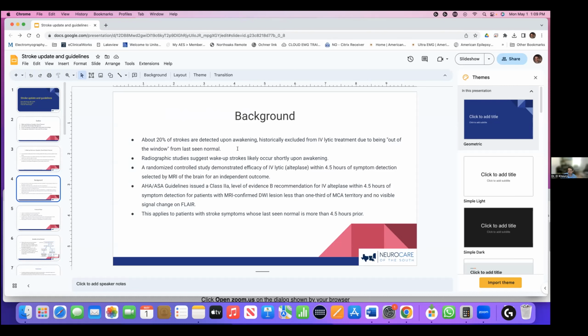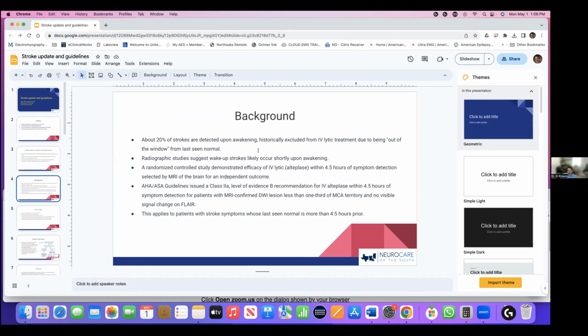So about 20% of strokes are detected upon awakening. Usually they were excluded from IV lytic treatment due to being out of the window. Radiographic studies suggest wake-up stroke likely occurs shortly upon awakening.